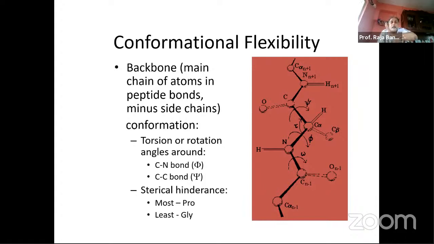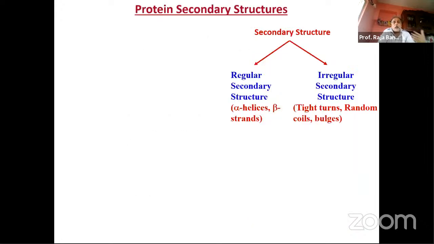If we rotate this around the single bond, we find this, which is called conformation. So conformation is a momentary arrangement arising due to single bond rotation. And based on this single bond rotation, we have these different torsion angles, and based on that, we find different secondary structures.